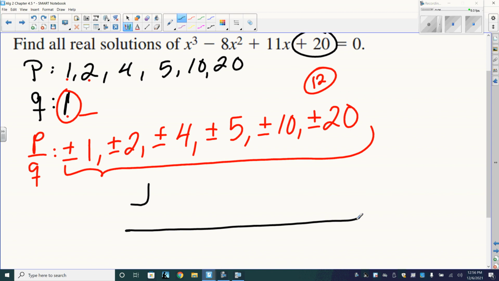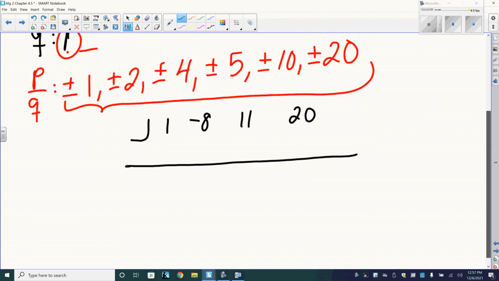So across the top we'll have our coefficients, so 1 will be with x cubed, negative 8 is with x squared, 11 is with x, and then 20. And our first part of synthetic division will be to bring down the 1. Well, we'll start with 1 and do synthetic division with it.